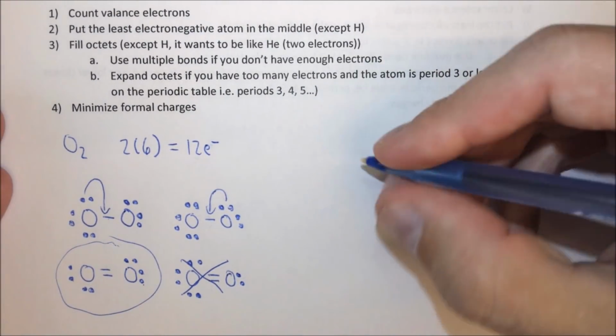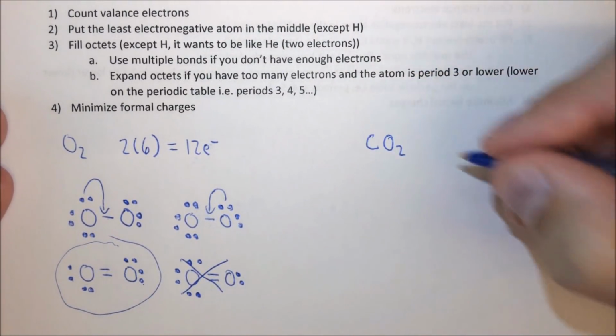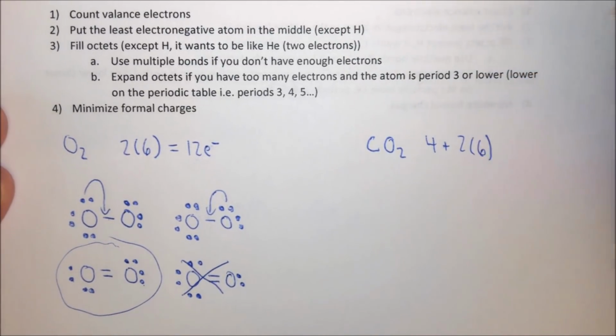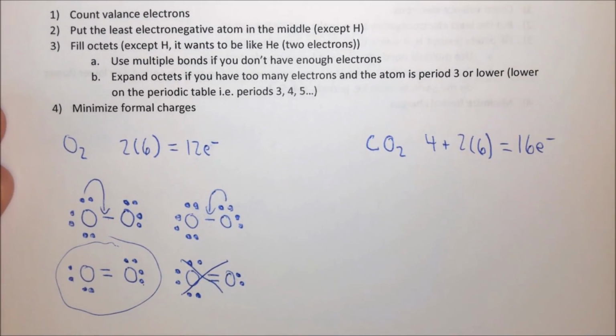The next example I want to go over is another very famous molecule, carbon dioxide. Count the valence electrons, 4 plus 2 times 6, which is a total of 16 electrons.